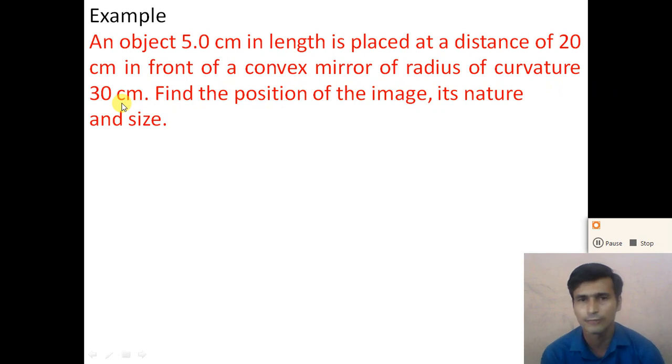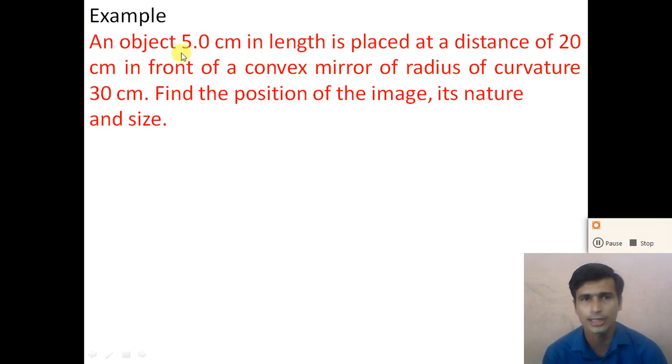From this, the focal length of the mirror f is equal to r by 2. We get 30 by 2, plus 15 centimeter. So with the help of the mirror formula, find the position of the image, nature of the image and the size of the image. As per example number 10.2, you have to calculate this example, right?